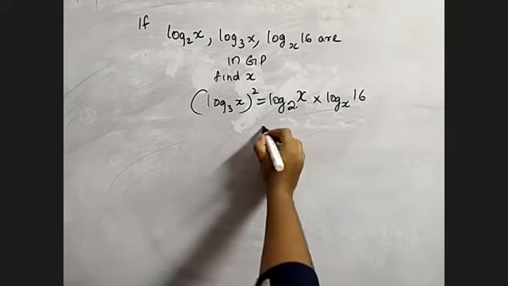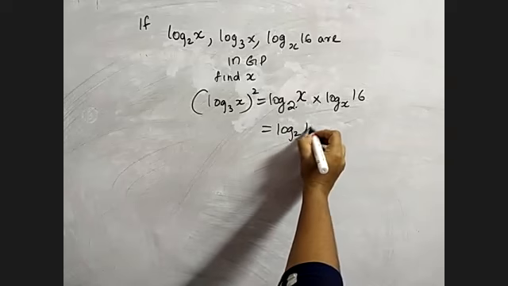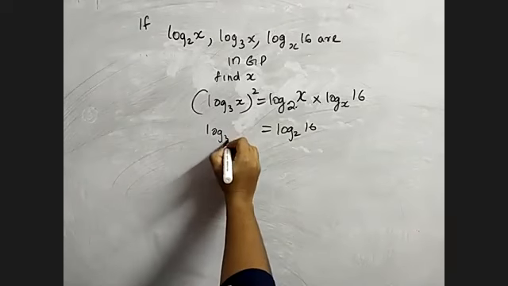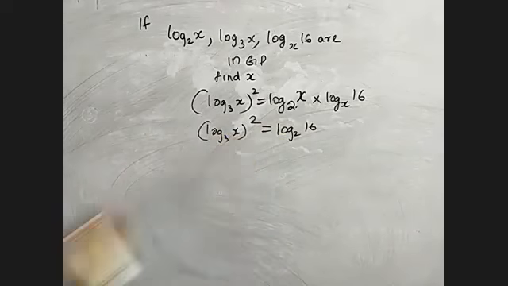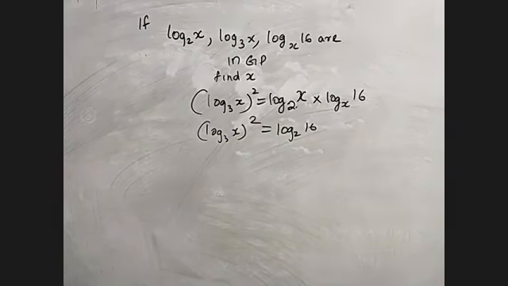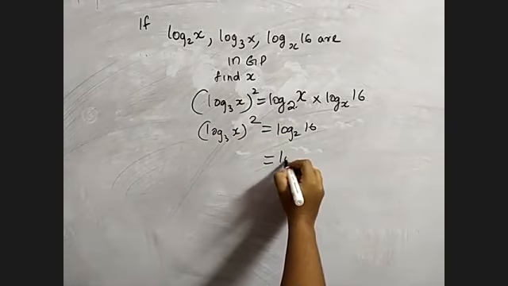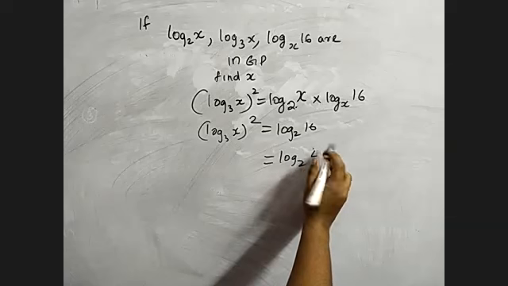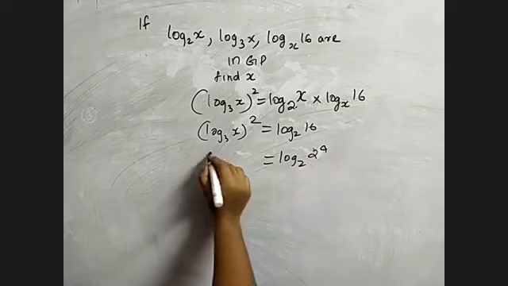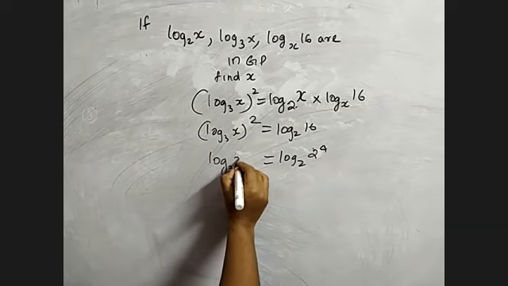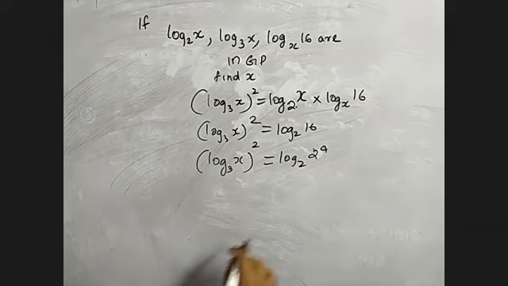So this can be written as log to the base 2 16. Log to the base 3x the whole square is equal to this. So this is log to the base 2 raised to 4, log to the base 3x the whole square.